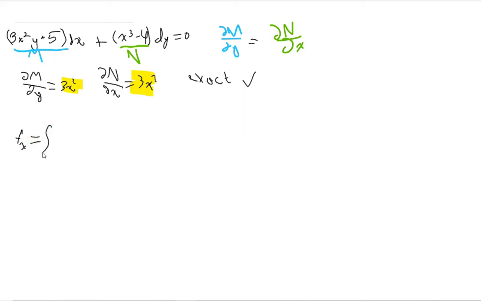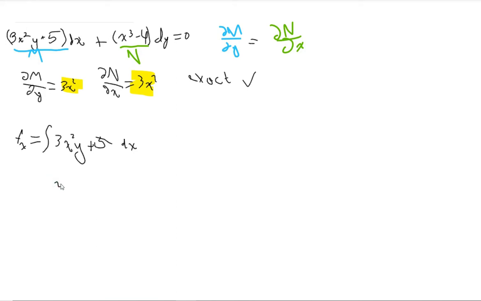Now we're going to put our integral in, the integral of M, 3x squared y plus 5, and we're going to throw in that dx also, so we're integrating with respect to x. Now let's go ahead and integrate this.